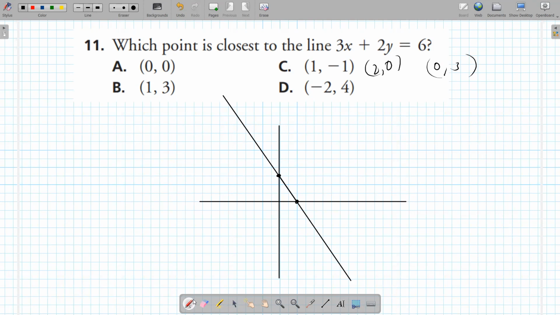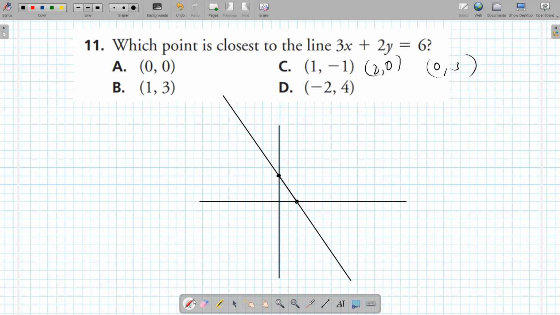What's our approach here? What do you think? How do you even do this? Just remember this, okay?